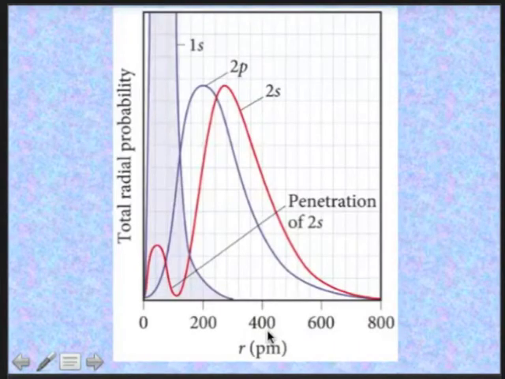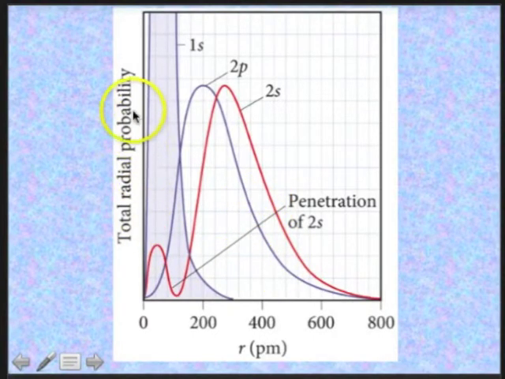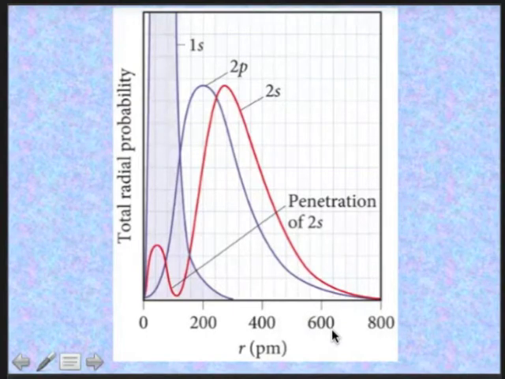Now, when we solve wave equations, we can generate what's called a total radial probability for each orbital as a function of r, the distance from the nucleus. Now, you know electrons are negative, protons are positive, protons are inside the nucleus.